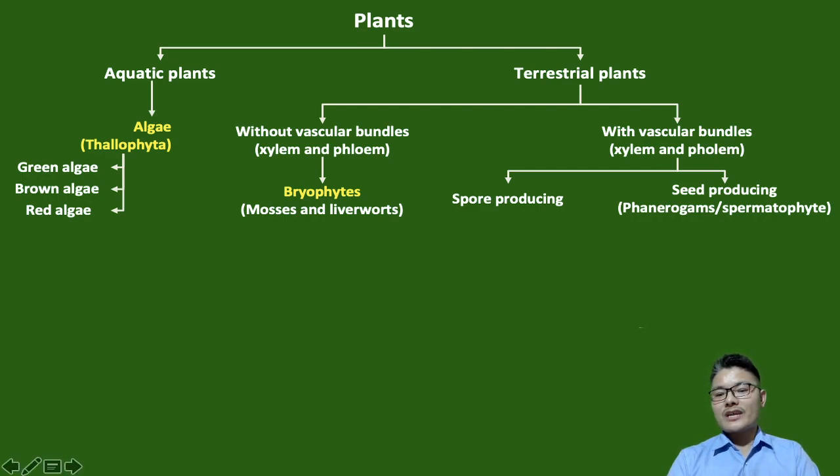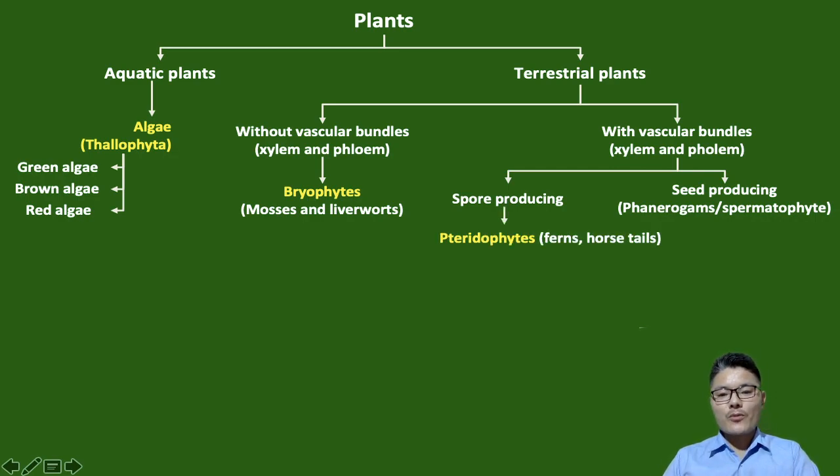Seed producing plants are usually called phanerogams or spermatophytes, categorized under Spermatophyta.